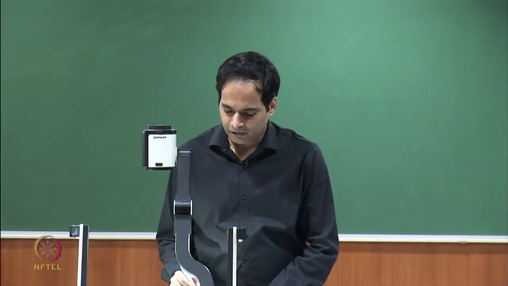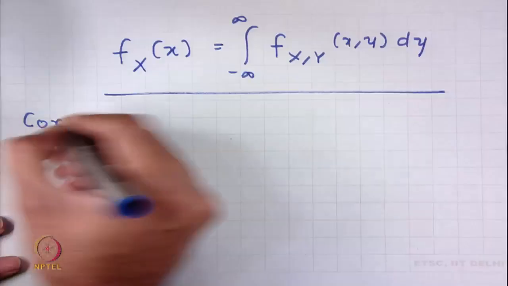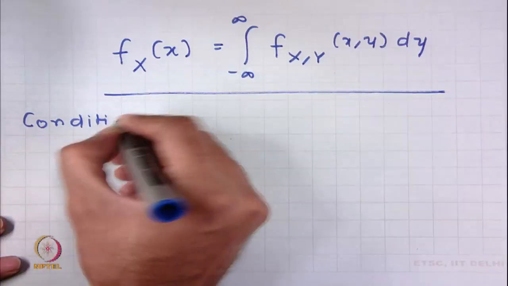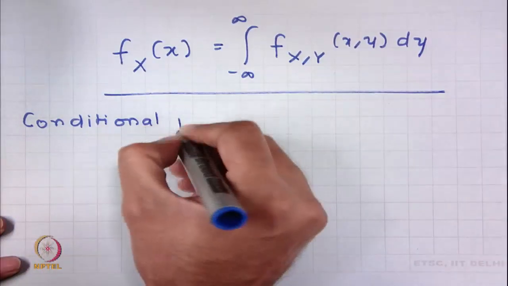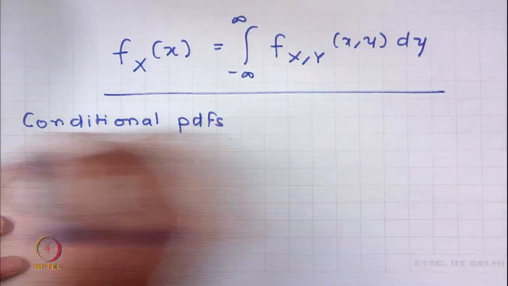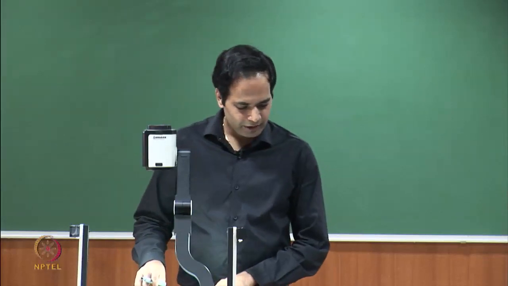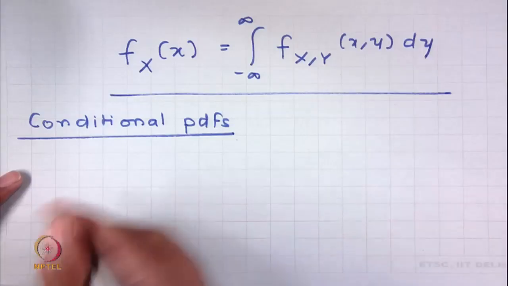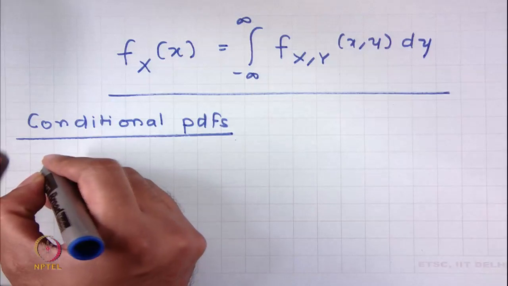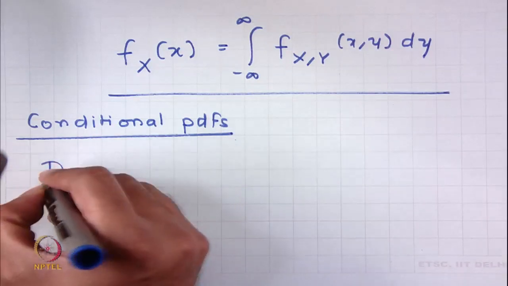So, this is quite useful, and another relationship that will also be quite useful in this course is thinking about conditional PDFs. So, let us start with these conditional PDFs. What does the conditional PDF help me calculate?